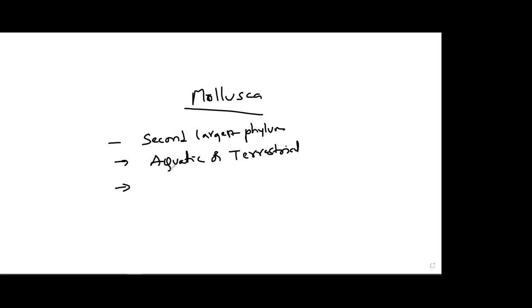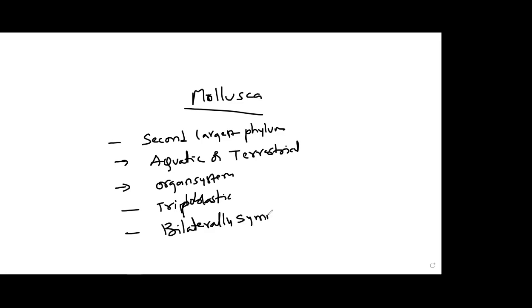Now, coming to levels of organization: organ system level, triploblastic, bilaterally symmetrical, coelomates.